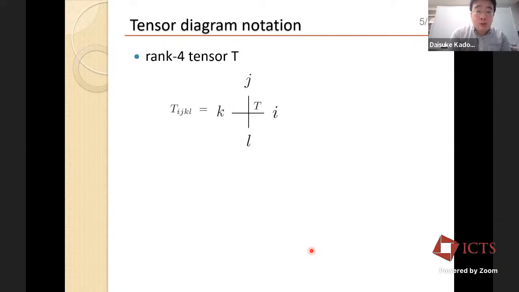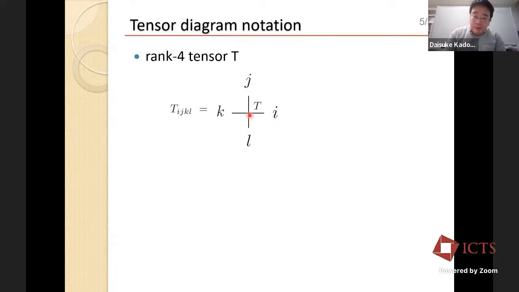Firstly, let's introduce the diagrammatic notation of tensor networks for later convenience. The rank 4 tensor T_ijkl is expressed as this diagram, and T is expressed as a cross.